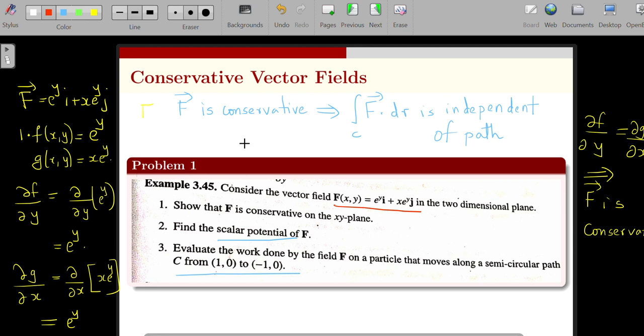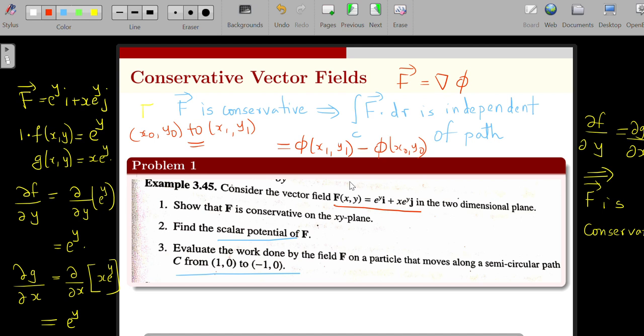We have already proved that there will be some function φ such that F equals the gradient of φ. Then to move a point from (x0, y0) to (x1, y1) along any curve C joining these two points, the work done will be nothing but the value of the scalar function φ at the terminal point (x1, y1) minus the value of φ at the initial point.